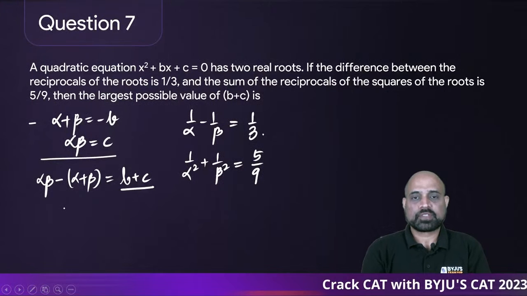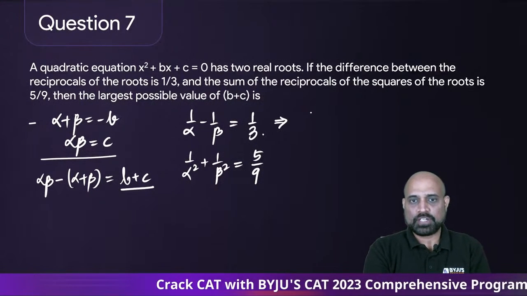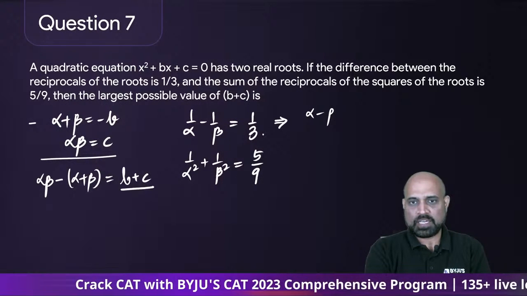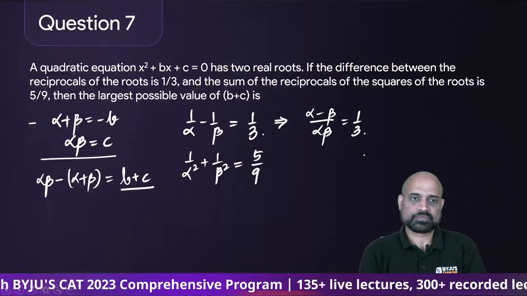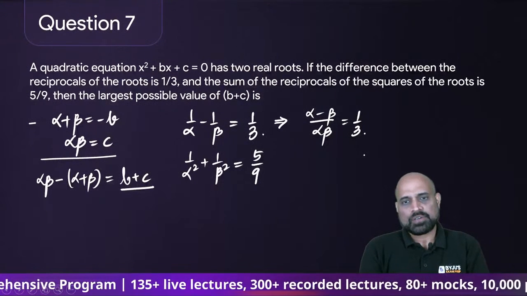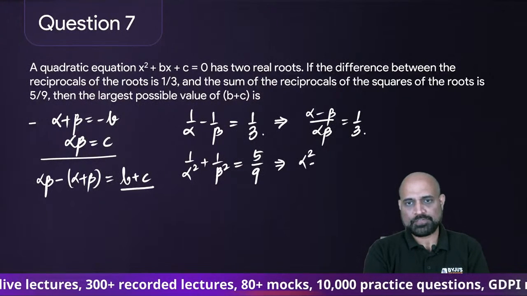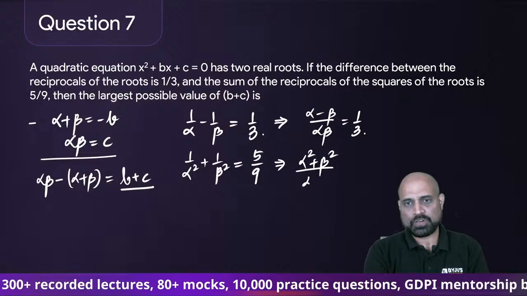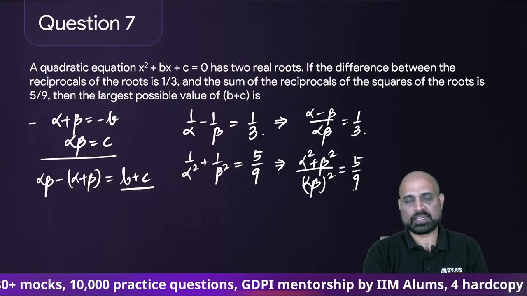Okay. अब अगर आप इसको देखोगे तो you will get alpha minus beta by alpha beta is equal to 1 by 3. Right? Or if you look at this, you will get alpha square plus beta square upon alpha beta ka whole square is equal to 5 by 9.